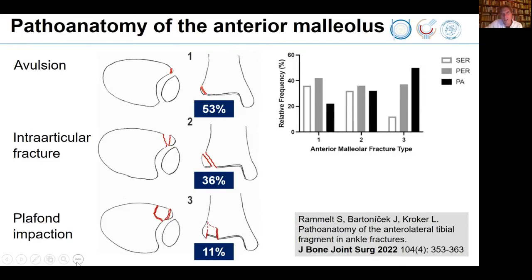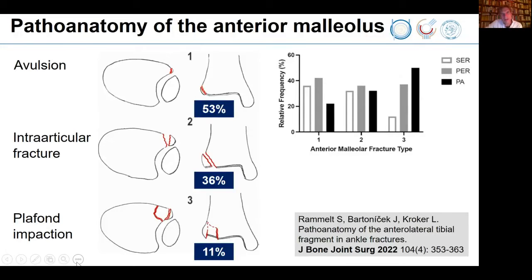And we looked at the pathoanatomy of these anterior fragments, and of course, the majority of them are avulsions, syndesmotic avulsions, which regularly result from rotational type of injuries. Then you can have larger fragments that Nikos also already showed that are intra-articular, and they also contribute to the incisura.